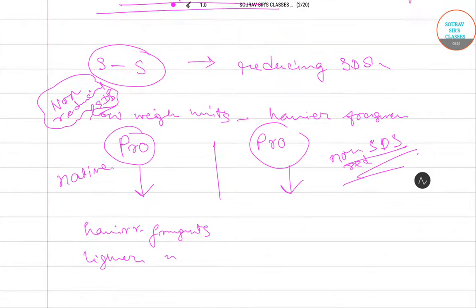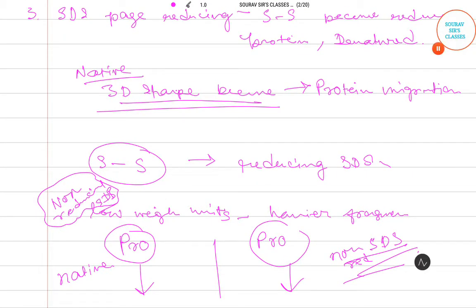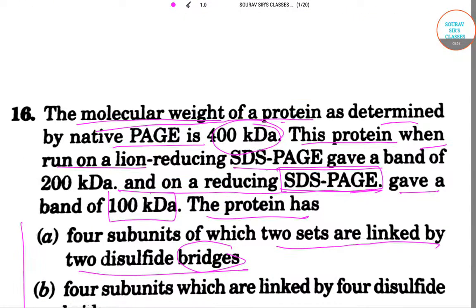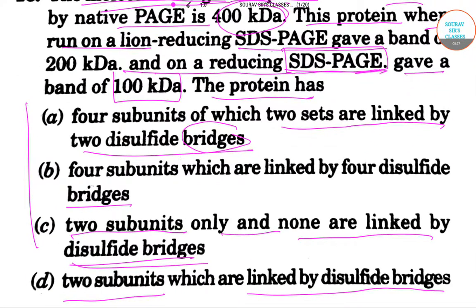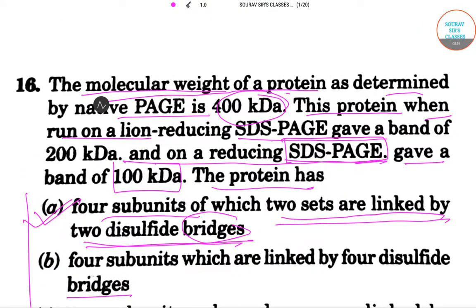So in this question, the answer will be 4 subunits, of which 2 sets are linked by two disulfide bridges. That will be the correct answer for this question.